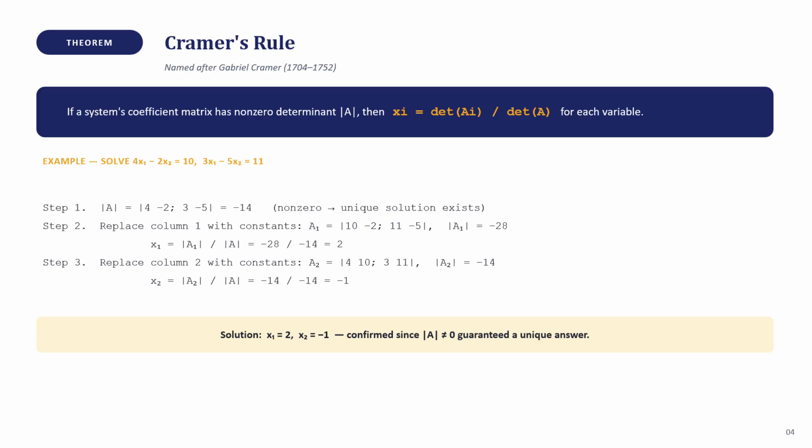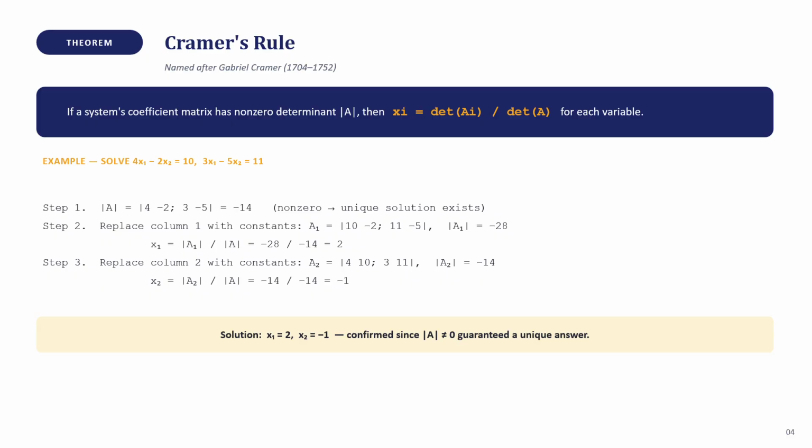Step 1 is to find if it has a unique solution. Since det A, with rows 4, negative 2 and 3, negative 5, is negative 14, which is non-zero, a unique solution exists.